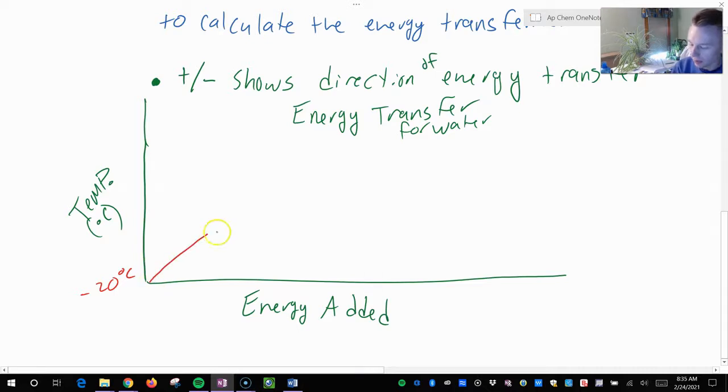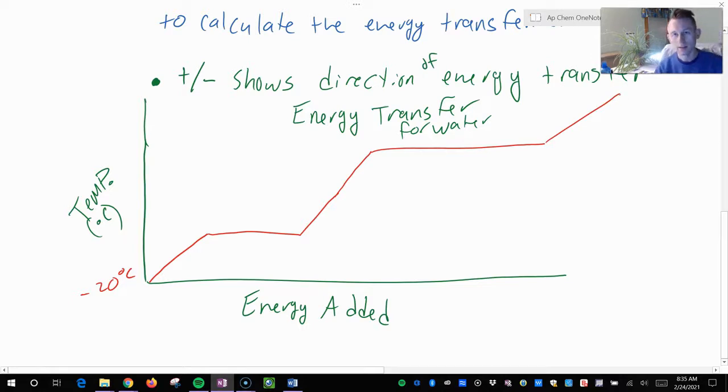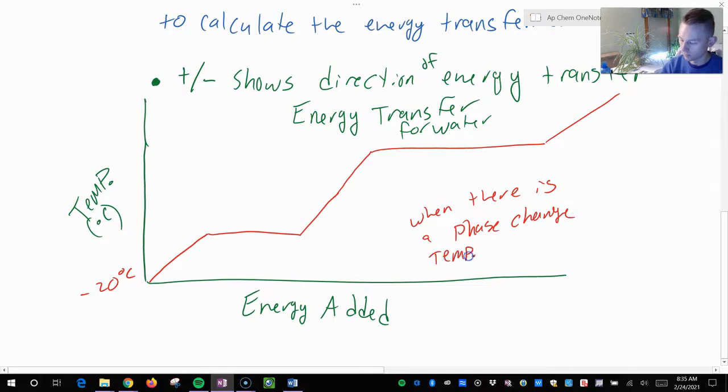So you've likely seen something like this before. A big takeaway here is that when there's a phase change, temperature is constant, and we can see that by these flat plateaus in this energy transfer diagram.